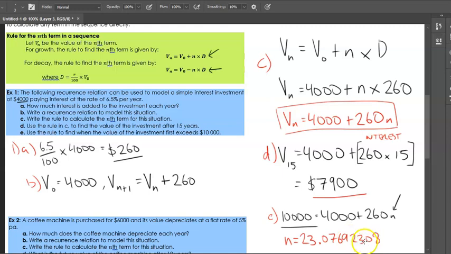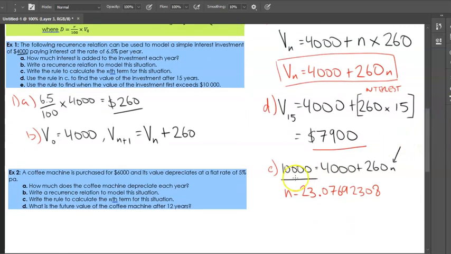Now n is just how many years. We look at this value, 23.07692308, and let's just be safe and round this up to approximately 24 years. Because within the 23rd year we'll hit $10,000 with interest, but to play it safe, we always round up the time frame.